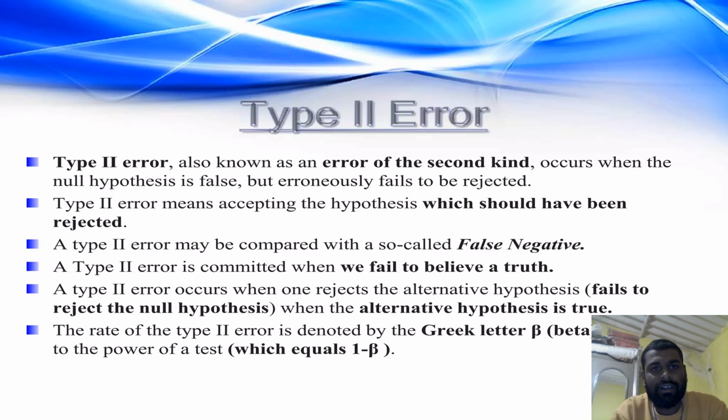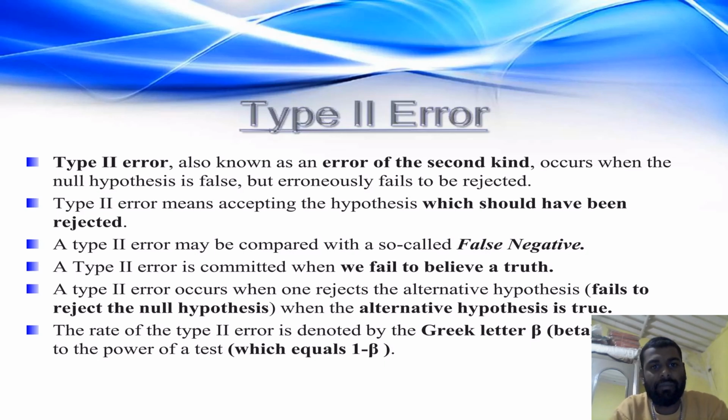Type 2 error. A type 2 error, also known as an error of the second kind, occurs when the null hypothesis is false, but is erroneously failed to be rejected. Type 2 error means accepting the hypothesis which should have been rejected.